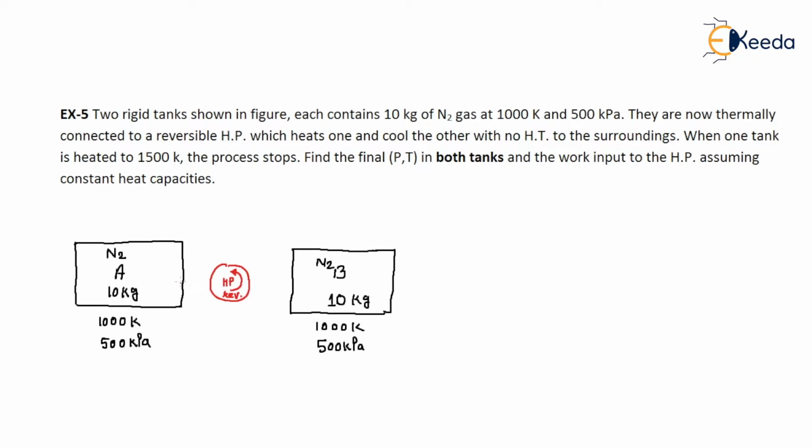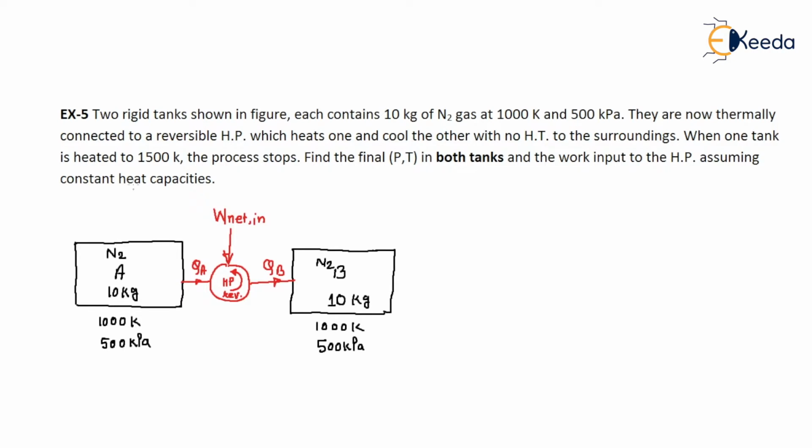That means it takes heat QA from this and rejects QB to this. One is heating, the other is cooling. No heat transfer to the surrounding. For operating this we require a work input, W net in.